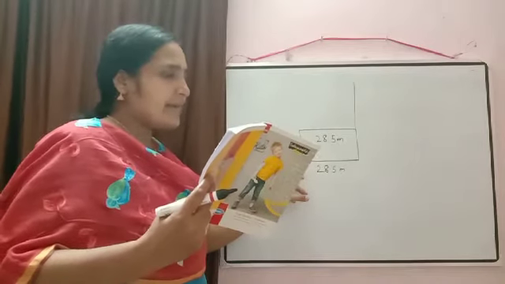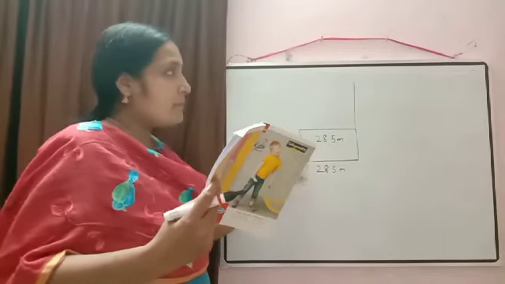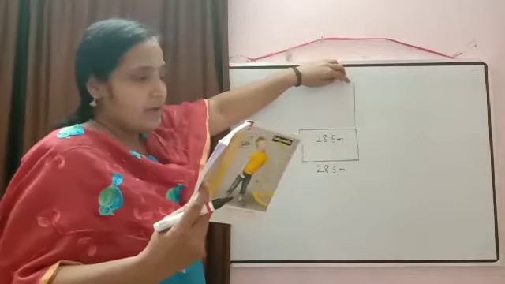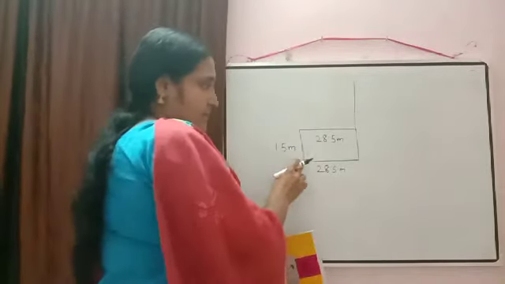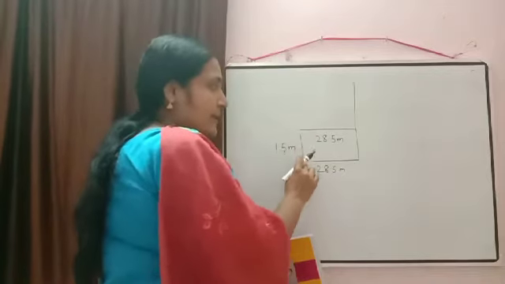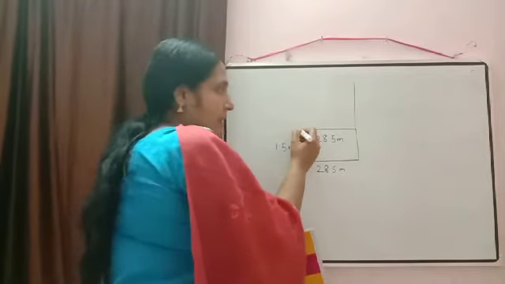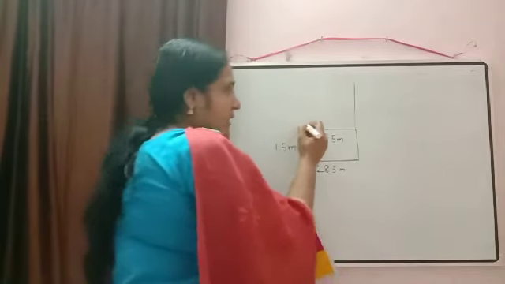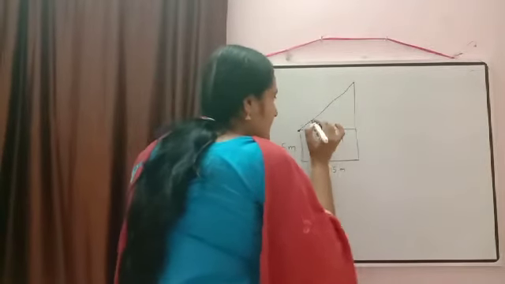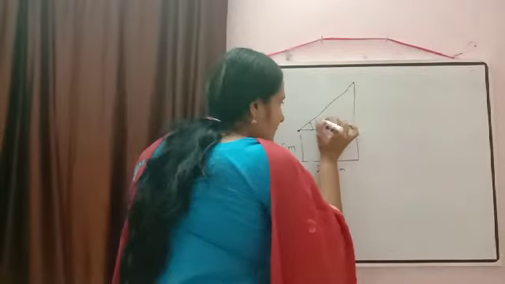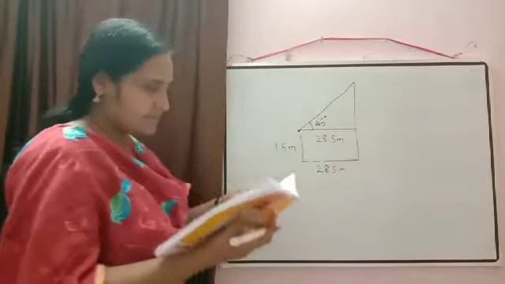The angle of elevation of the top of the chimney from her eyes, not here. The observer is standing here. So from her eyes, we will take this as eyes. From the eyes, the angle of elevation of the chimney is given 45 degree.